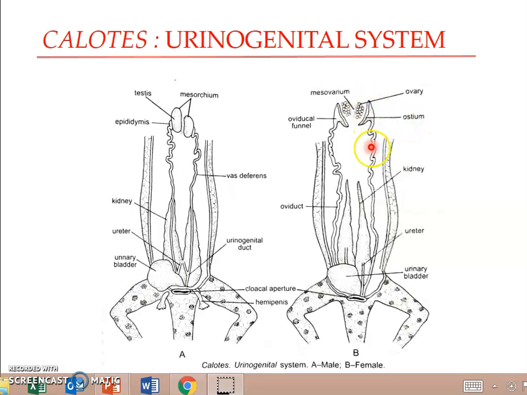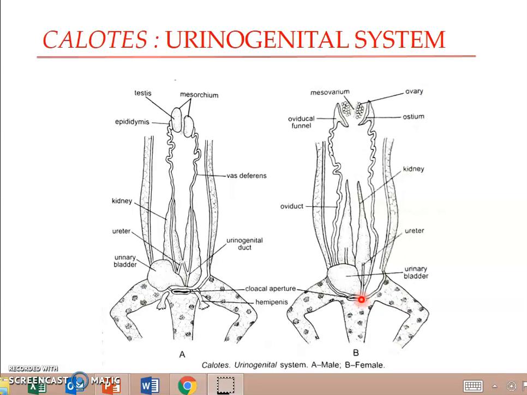The oviduct stretches from the oviductal funnel to the cloaca. The anterior end of each oviduct is wide, funnel-shaped, ciliated, and lies close to the corresponding ovary, and both oviducts open into the urodeum, a little in front of the ureters.